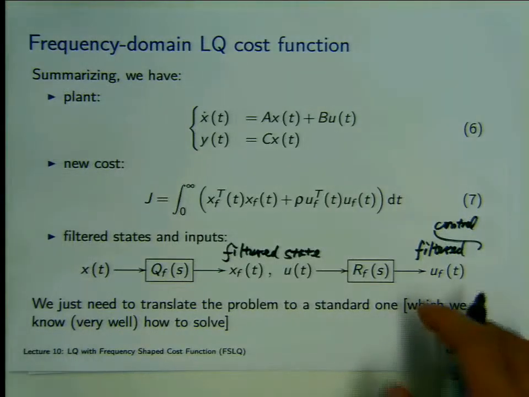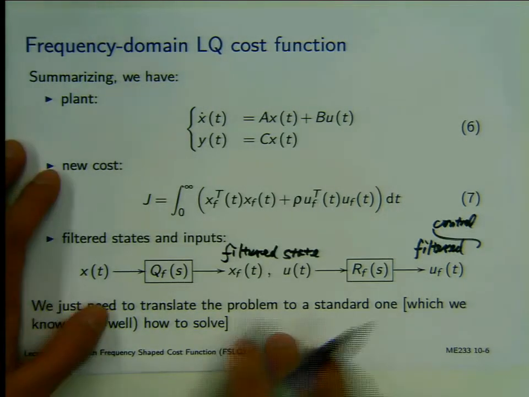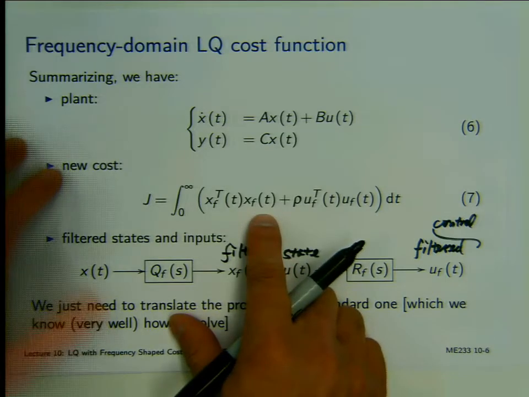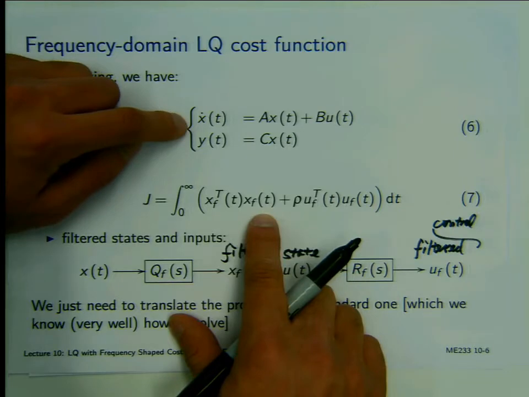What should we do? Intuitively, what should we do to translate this problem into a standard LQ problem? Look at this one. You see, Xf is not yet a state of the system.